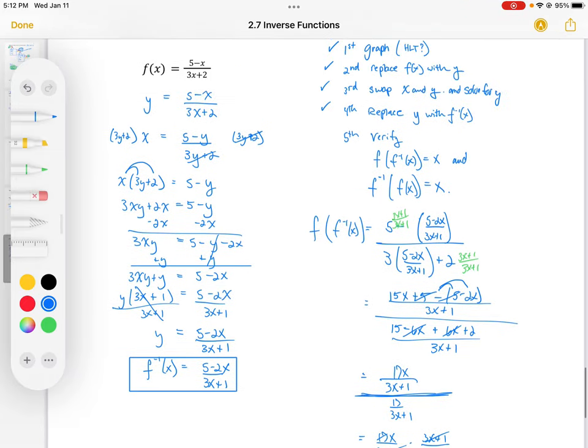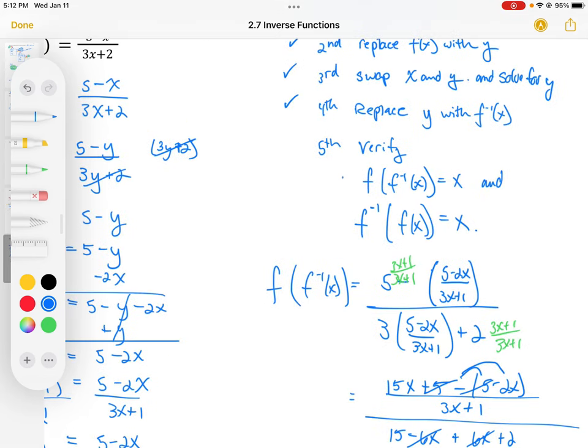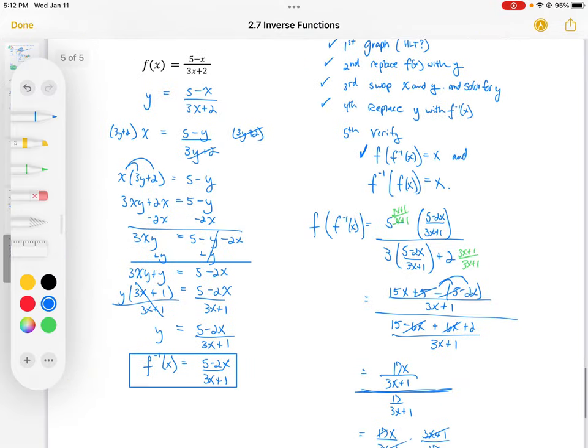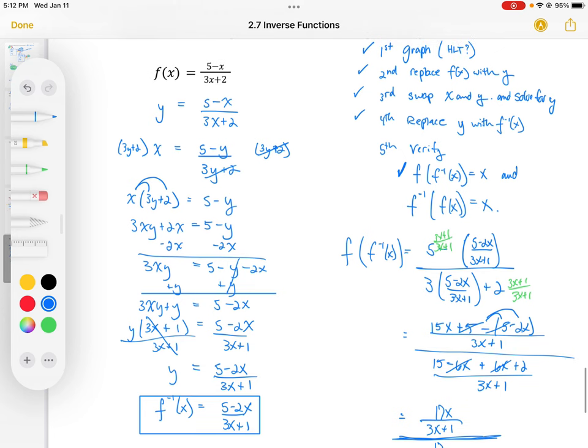So we've verified it by inputting the inverse function into f. We should also verify by substituting f into the inverse function. I'm going to leave that for you to do because, as you can see, the algebra takes a little bit of time.